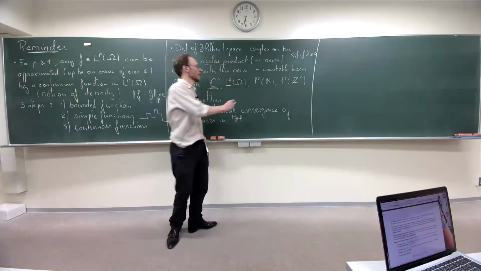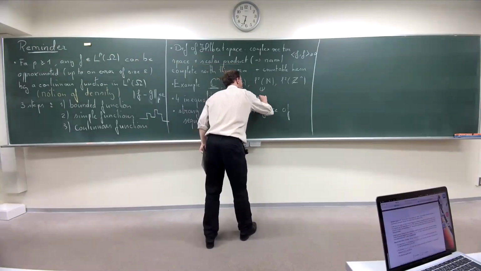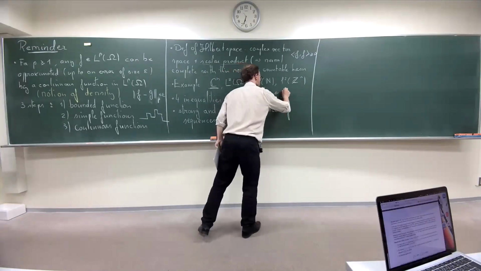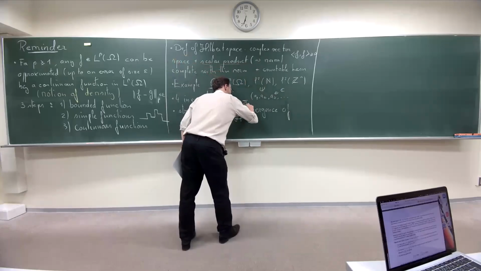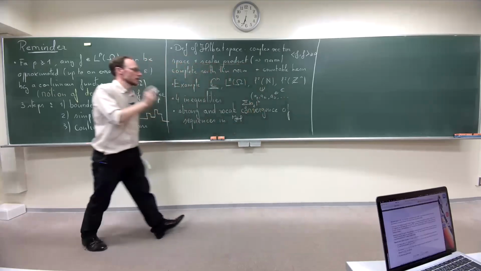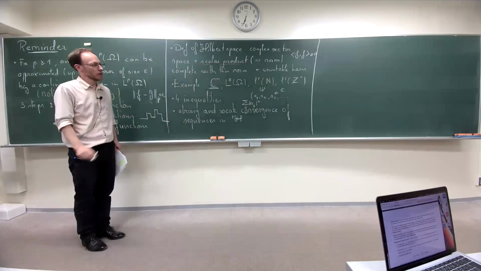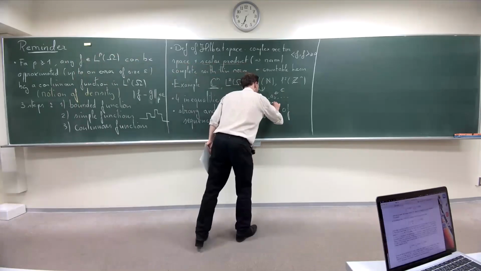So an element here is of the form A1, A2, A3, and so on. Each of them is just a complex number. And you have the condition that the sum over j of the modulus of Aj squared is finite. If it is real, you just sum the absolute value squared; if it is complex, you sum the modulus square.